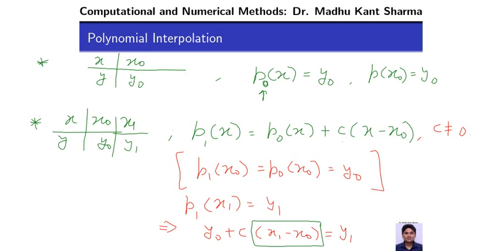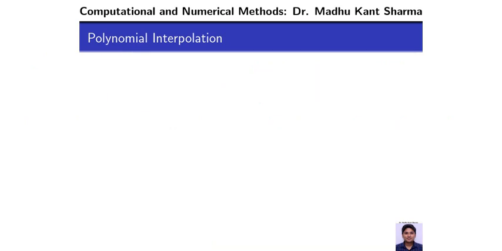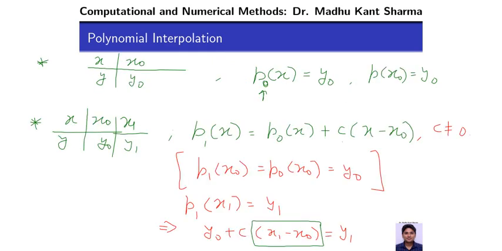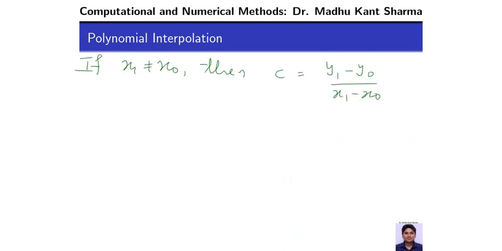Then this above equation can be solved, and if x1 is not equal to x0, then c is equal to y1 minus y0 divided by x1 minus x0.